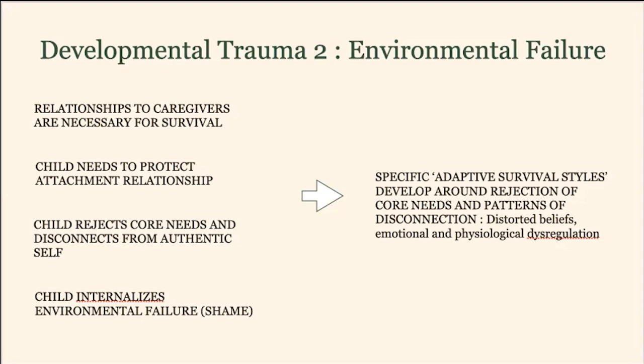And these adaptive survival styles basically consist of distorted beliefs, distorted sense of identity, shame-based ways of thinking about him or herself, and repressed emotion, and a dysregulation of the various systems of the body. So these adaptive survival styles have a top-down component, like an identity distortion component, as well as a bottom-up, a body component. Both end up being dysregulated.